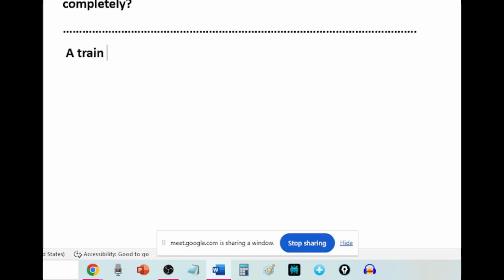A train leaves a station at 60 kilometers per hour and travels for 3 hours.